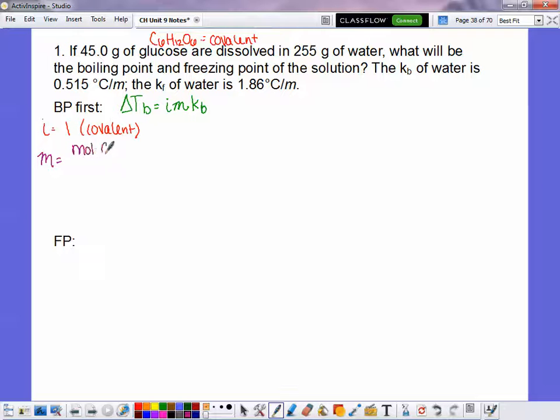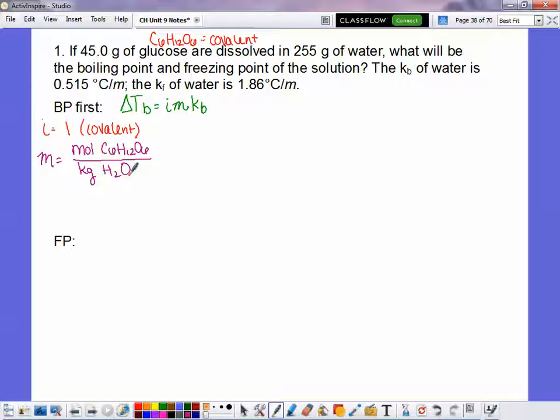Our solute is glucose, and our solvent is water. So based on the information given, we need to calculate the moles of glucose and the kilograms of water and then divide them.